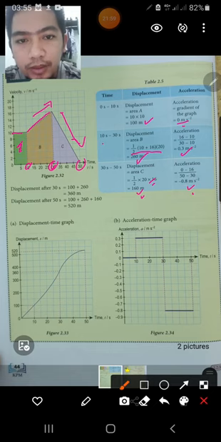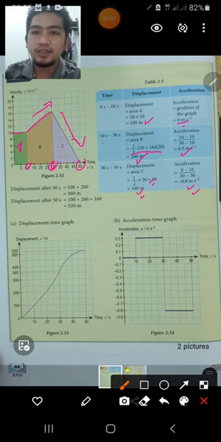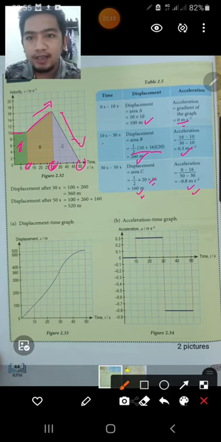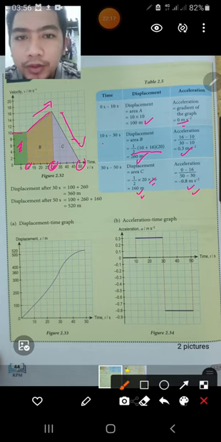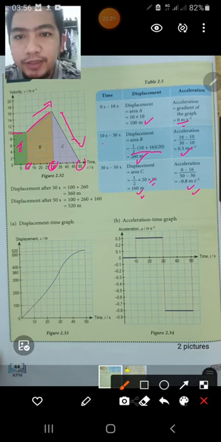So you will get negative 0.8 meter per second squared. You should be good at this already. Don't misread the marking points, and don't miscalculate the scale. Okay. So then you can find the total displacement.